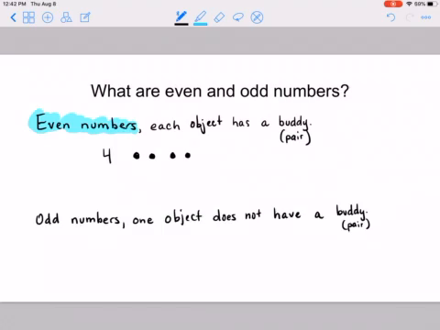A pair has two objects in it. So we're just going to circle them. I'm going to circle two objects together to make a pair. So there's 2 and there's 2. And notice there are no dots left over. If there are no dots left over when you're making your pairs or making your groups of 2, then it is even.